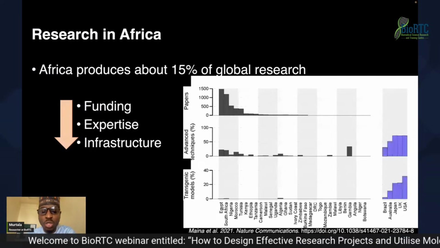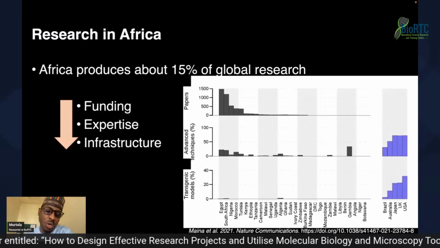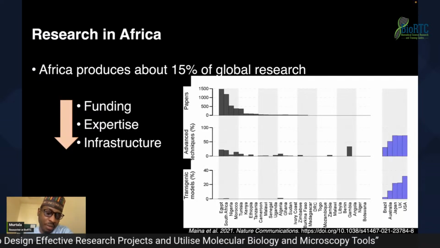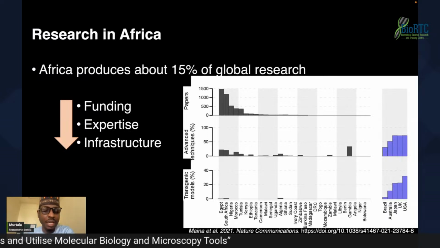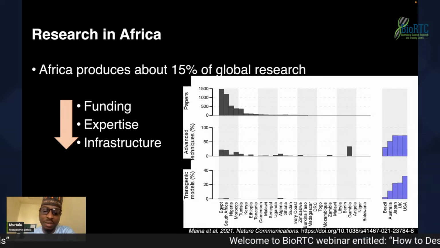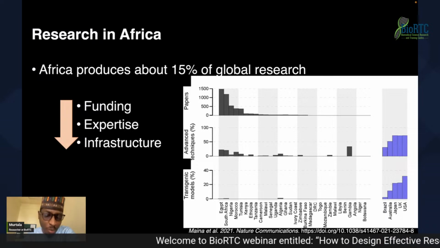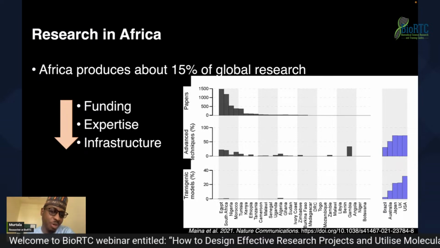A closer look at this paper shows that not only is Africa producing little research, but the quality of the research is very, very low. If you look at the advanced techniques produced in African countries compared to other countries like Brazil, Australia, Japan, the UK, and the US, or generally the global north, you see that Africa is still lagging behind in terms of the quality of research.